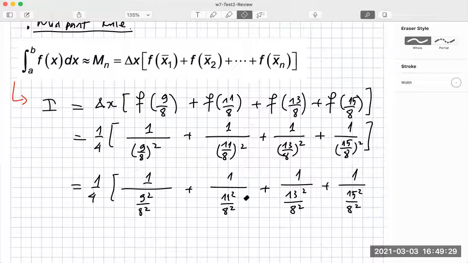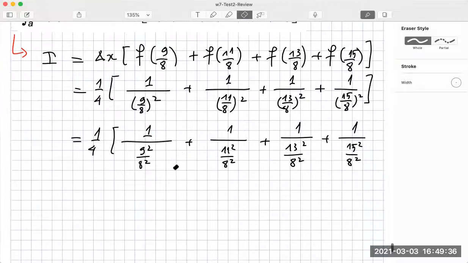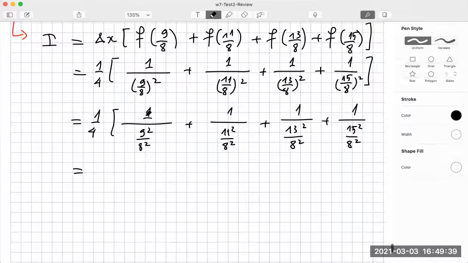So a fraction to the power 2 with each of the numerator and denominator squared. So now from here, 1 divided by a fraction, which will be 1 times the reciprocal of this one, which is 8 squared divided by 9 squared, right? The same story for the second terms, so we don't have to write the number 1 here again.